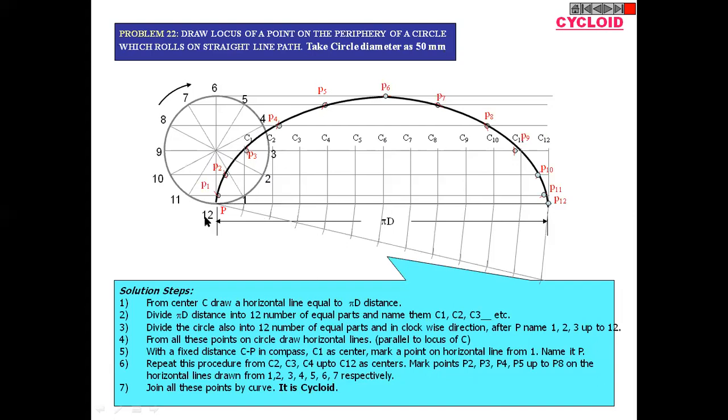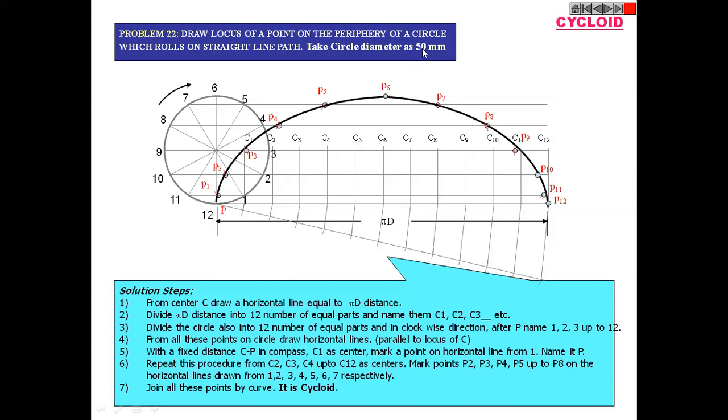Then you have to draw the horizontal line from all the divisions, all these horizontal lines. Then again you have to set the distance of the compass equal to the radius of this circle, which means 25 mm.